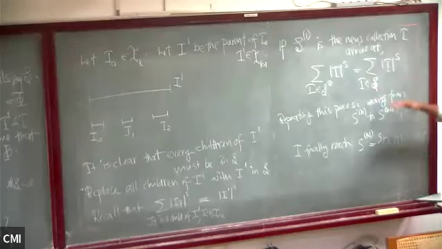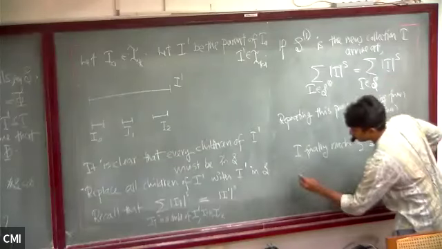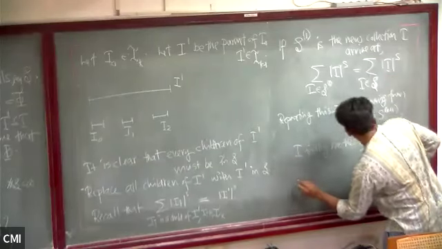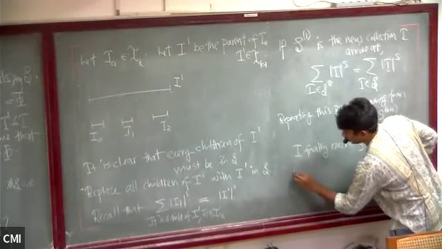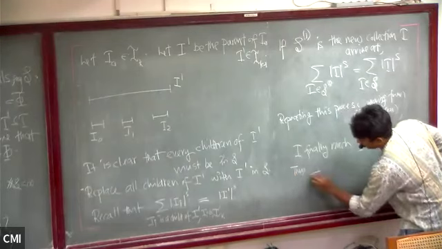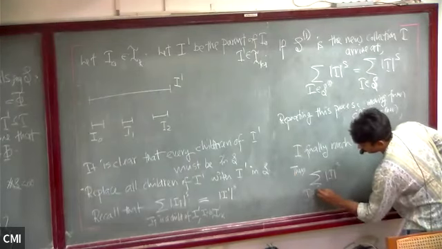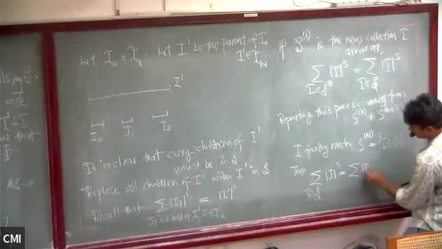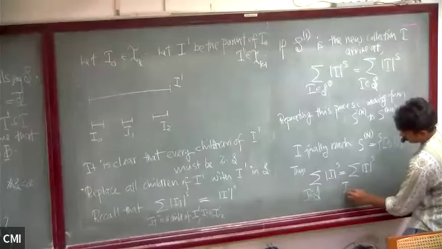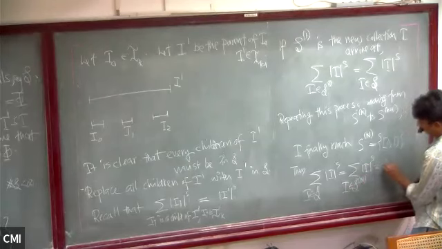Since the S sum has been left undisturbed in this modification process, we also see that the S sum of the original collection is the same as that, and that's just 1.